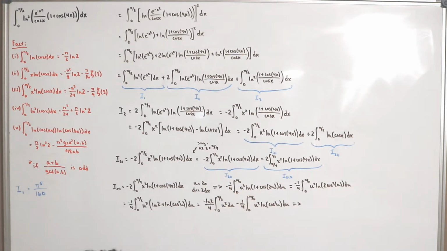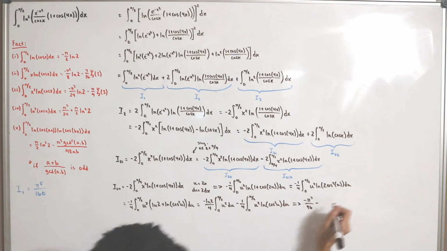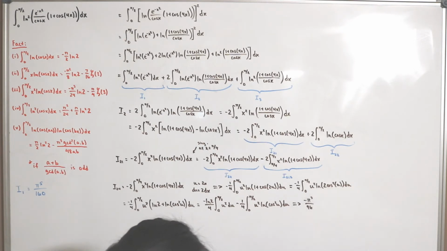If you simplify all that out, you get negative pi cubed divided by 96. And then don't forget to multiply the ln of 2 with that as well.